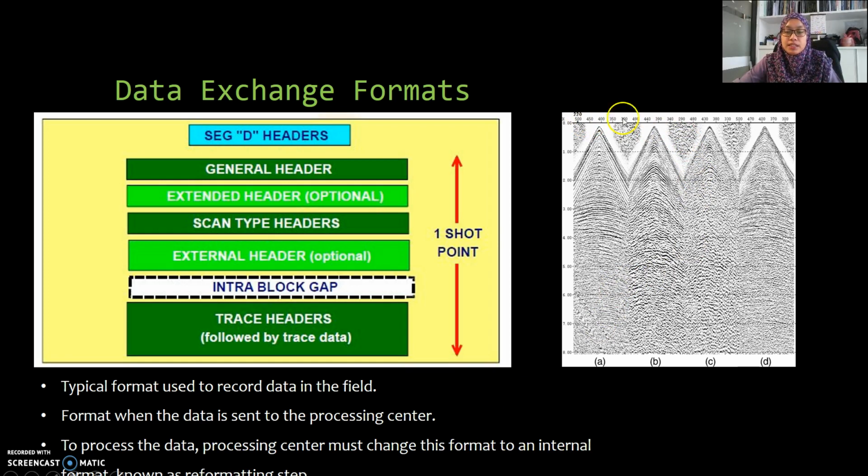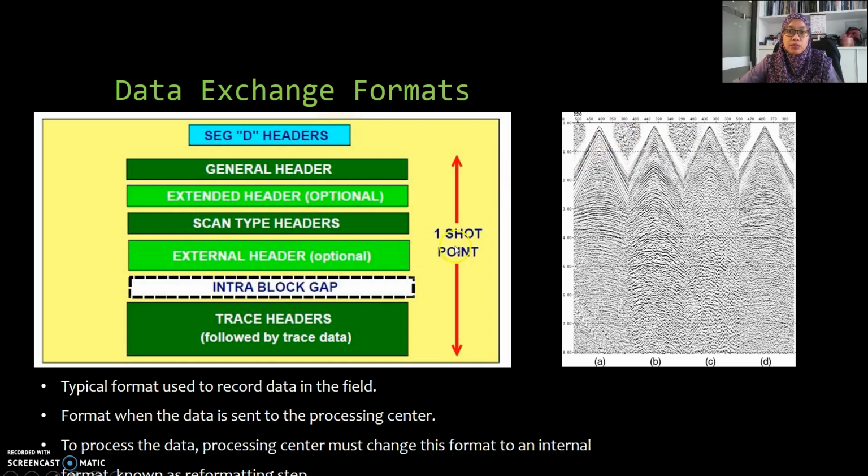Please follow my mouse arrow. These are examples of short records from land data, where you can see these triangle shapes with a first break. I believe you have seen this during your seismic method subject.